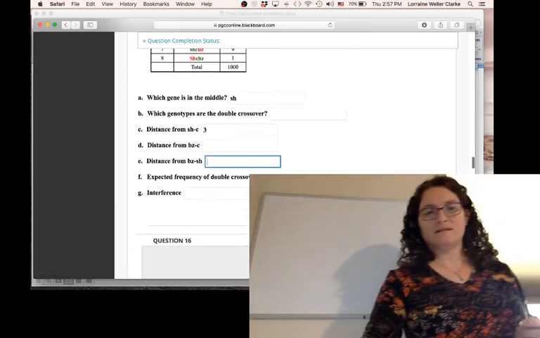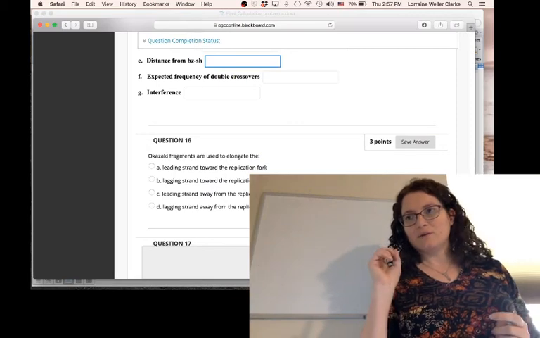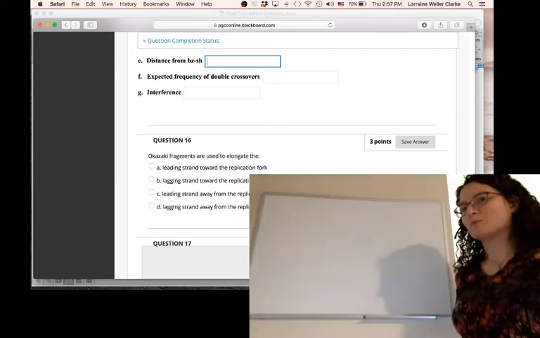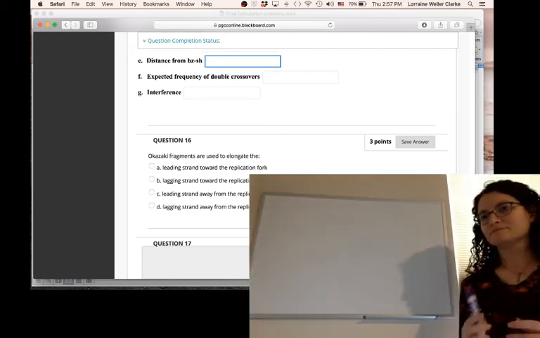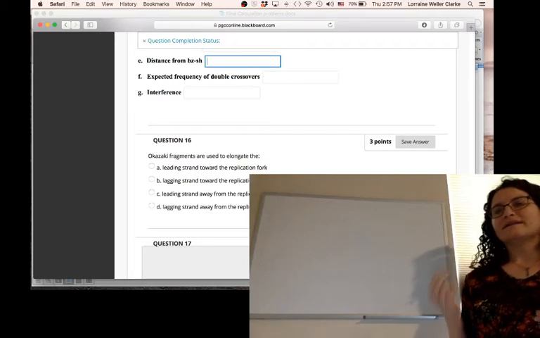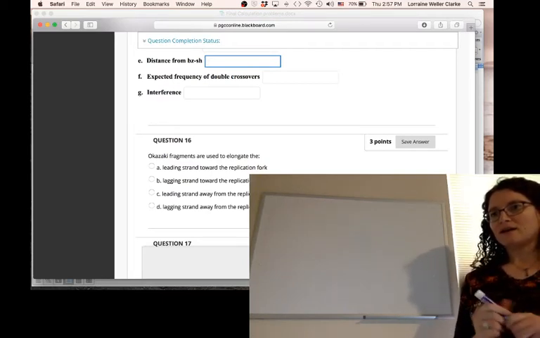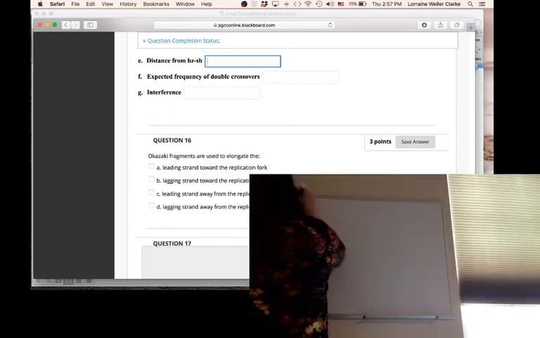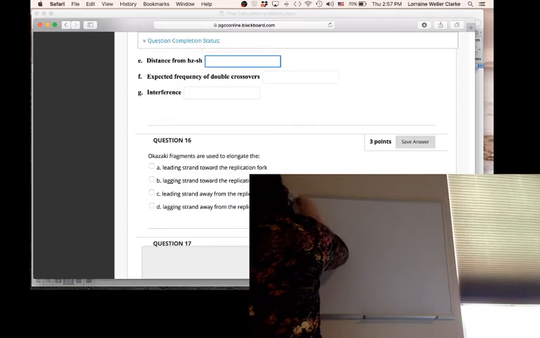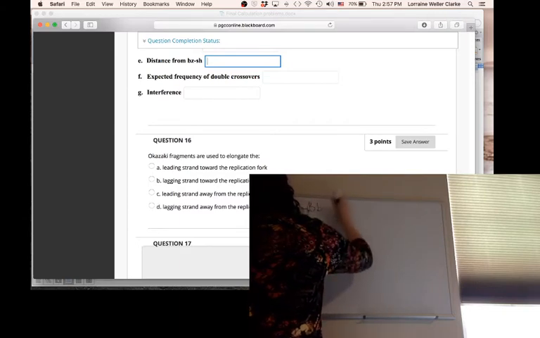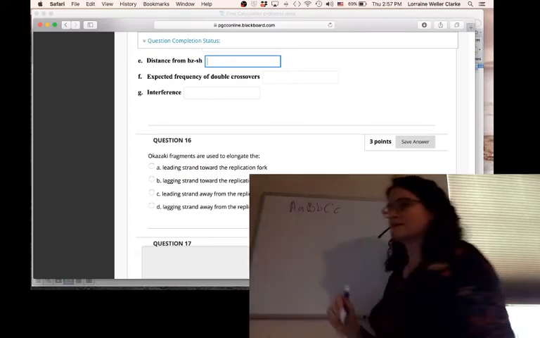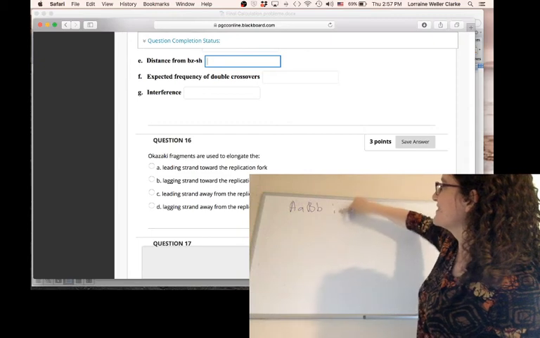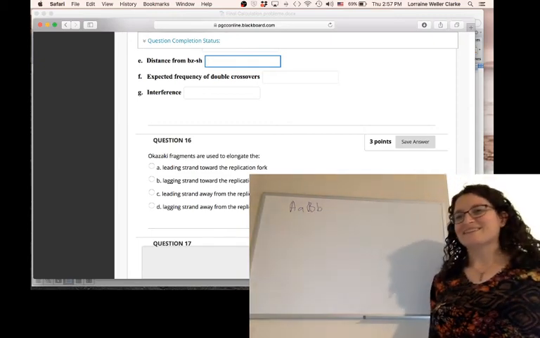Next, we need chi-squared. Let's do a chi-squared for a more complex one. Let's say I give you one where you have a double hybrid, so AA BB, sorry, let's do double.